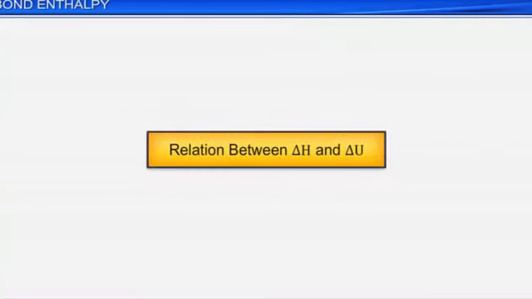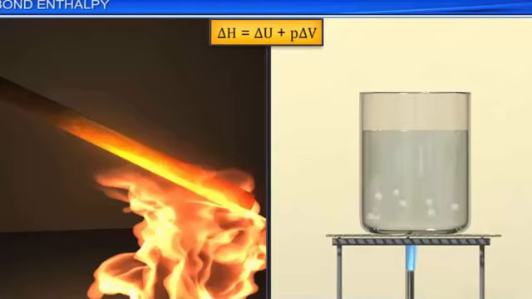Let's now look at the relation between ΔH and ΔU. When we deal with solids and liquids, the difference between the change in internal energy, ΔU, and enthalpy, ΔH, is not significant. This is because solids and liquids do not show significant change in the volume when heated.